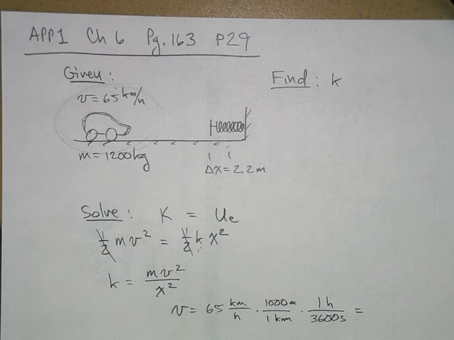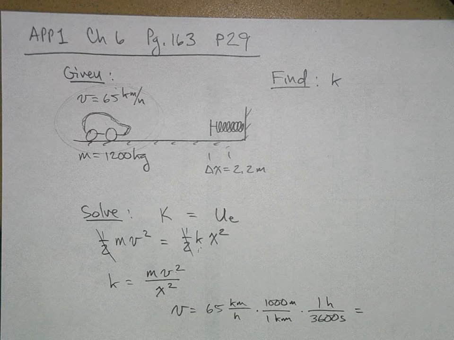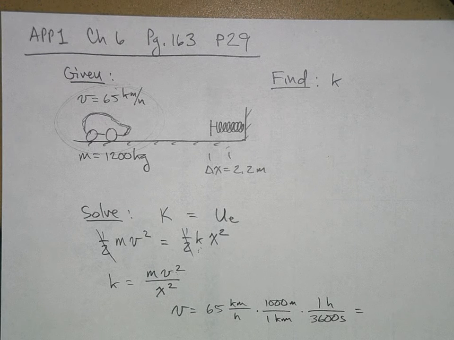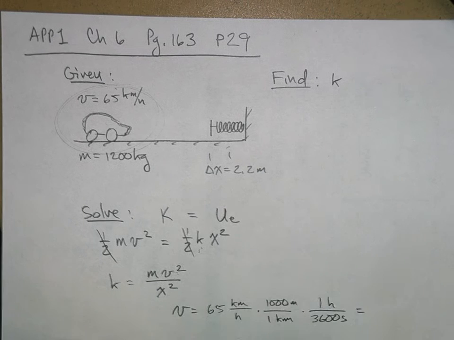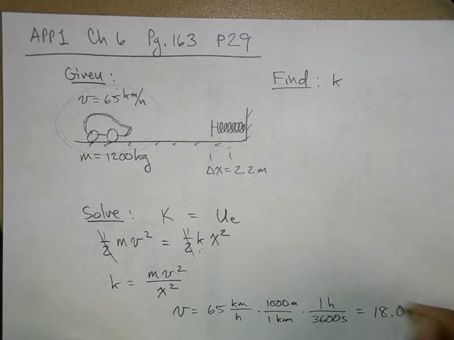And that gives me what I want. So 65 times 1,000, well, duh, that's 65,000. Wow. Okay, divided by 3,600 is 18.055 meters per second.